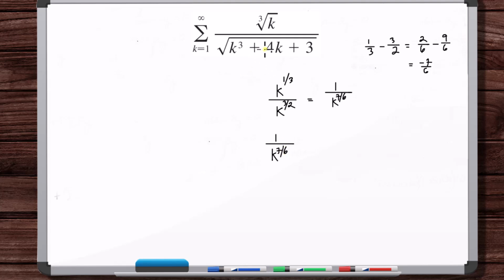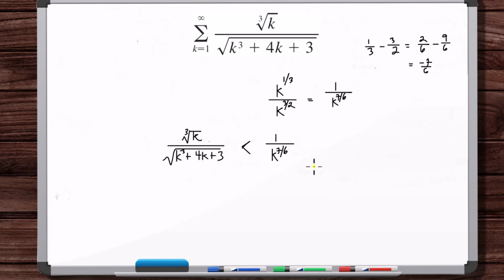Now, how does that relate to this? Okay, well, we took this term out of the denominator. So this is always going to be greater than this.